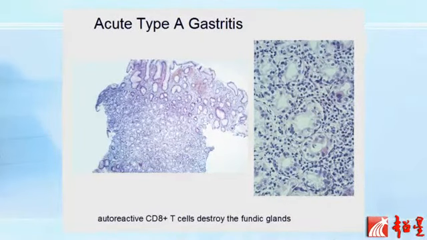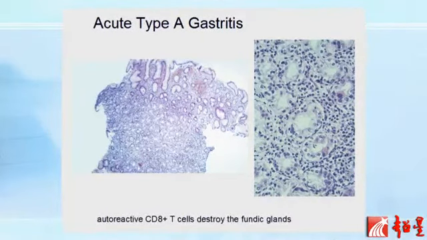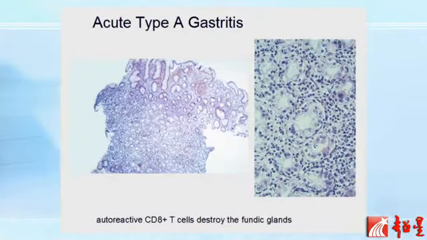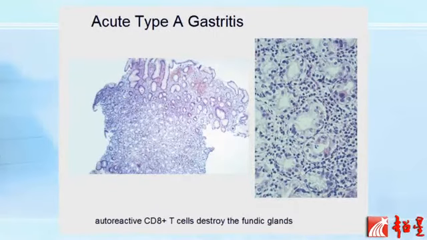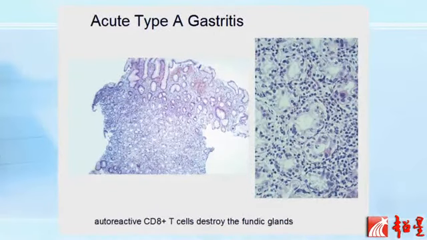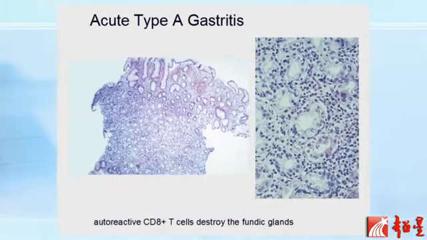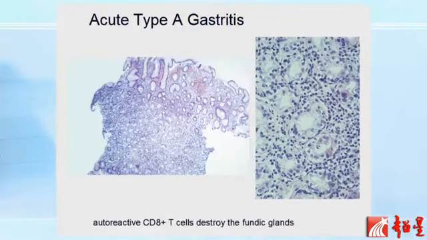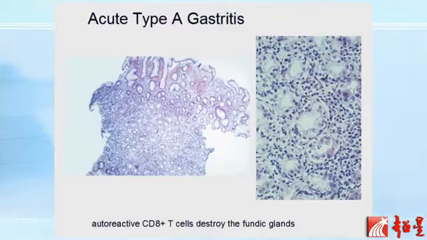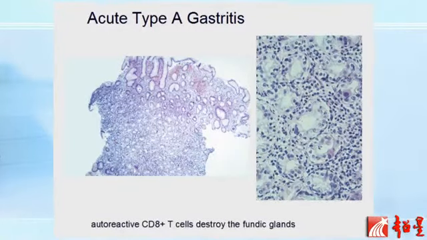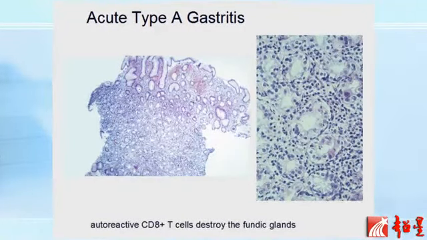The glands are destroyed and the number decreases. So we can see autoreactive CD8 positive T cell. These small cells, when we use immunostaining, we can mark this kind of T cells.